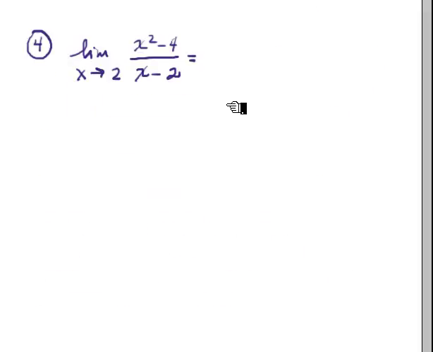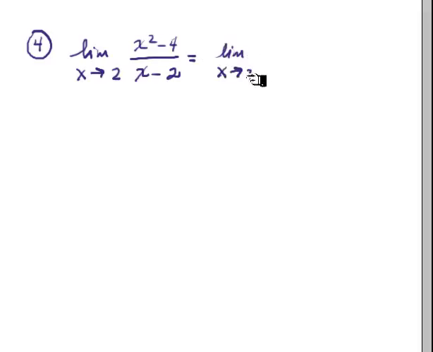The next example is a rational function, and we're taking the limit as x goes to 2. But notice that we have x minus 2 in the denominator, so the denominator is 0 as x approaches 2. But we can reduce the rational function first, so let's do that.